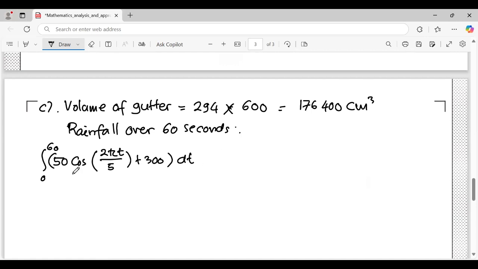So I would like to find this integral, this term, first.